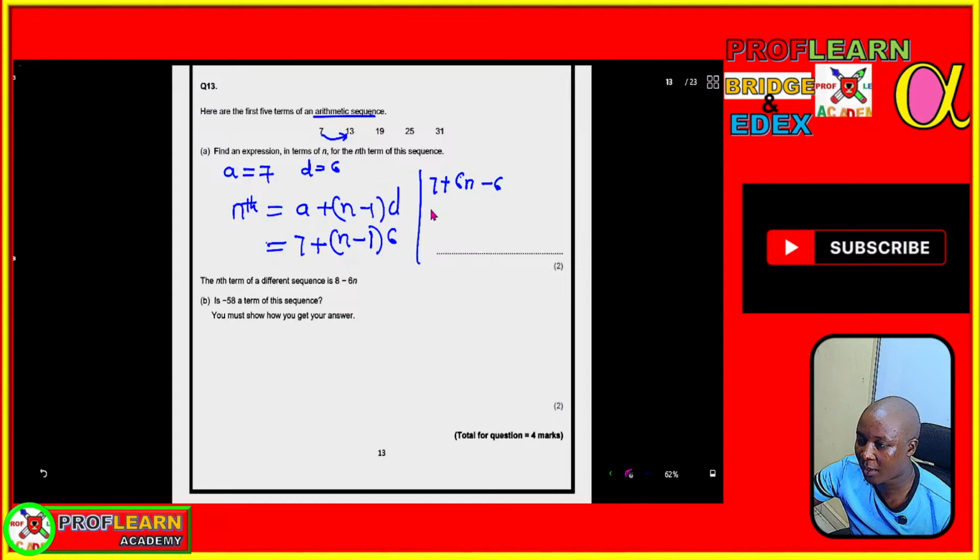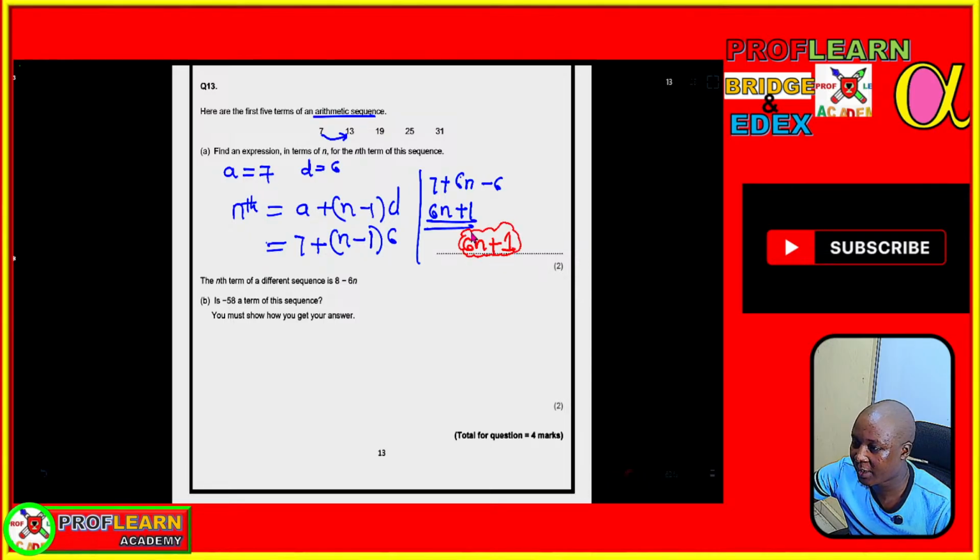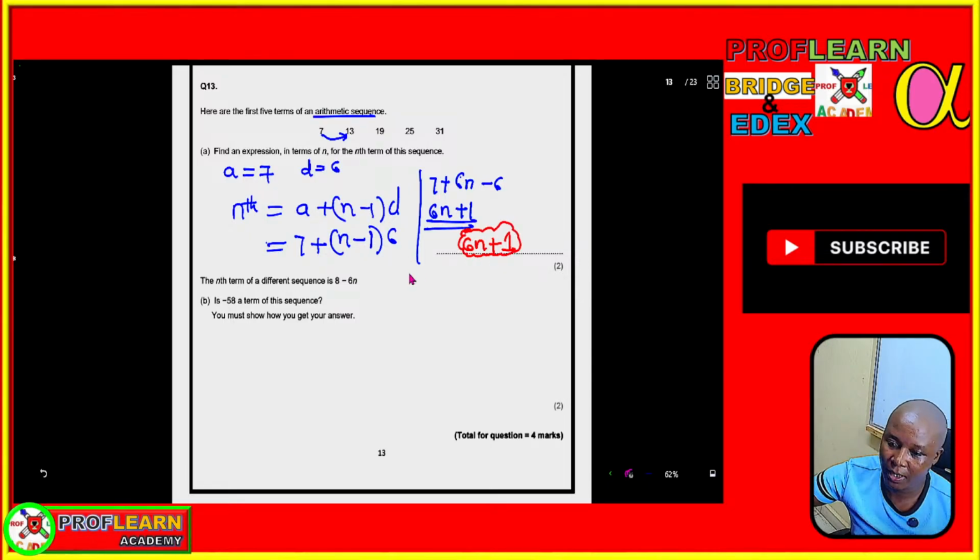So this is going to be 6n plus 1. 6n plus 1 is the expression that we are supposed to write for the nth term, and now the examiner will be happy.